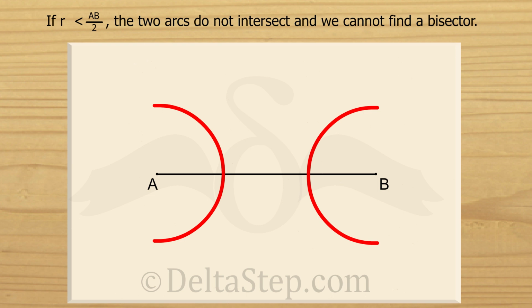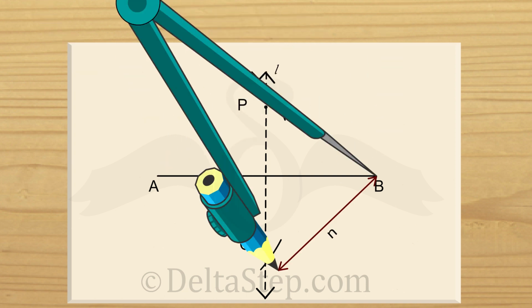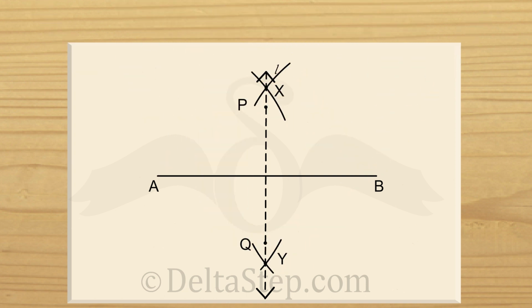Also, we had not taken any one particular length. We just took a random radius greater than half the length of line segment AB. What happens if we take a different radius of the arc? Let us try and find out. You will observe that the intersection of the arcs of new radius lies on this perpendicular bisector itself.